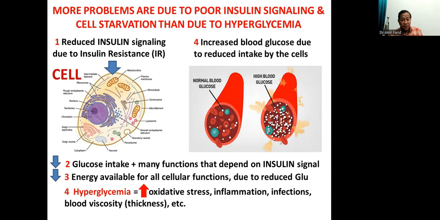That is oxidative stress, inflammation, susceptibility to infections, increased blood viscosity, etc. So yes, hyperglycemia does add more problems, but it's only in addition to the other problems that happen before hyperglycemia happens.